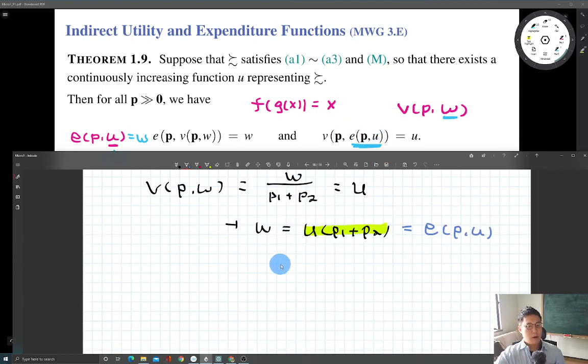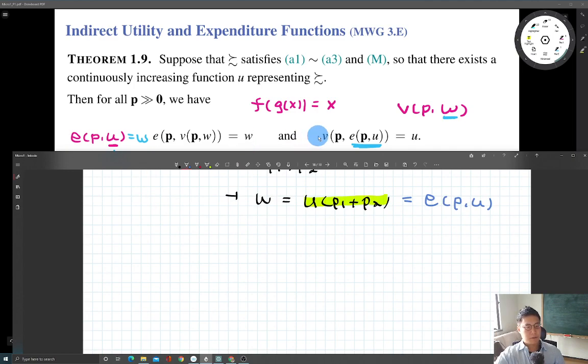All right, and now we are going to prove this result. The proof is really simple, intuitive, and not difficult to understand. So let me first prove this first result. Think about the relationship between this expenditure function and W. To help you follow the proof, let me rewrite this as E of P comma U equals W, and U is given by this indirect utility.